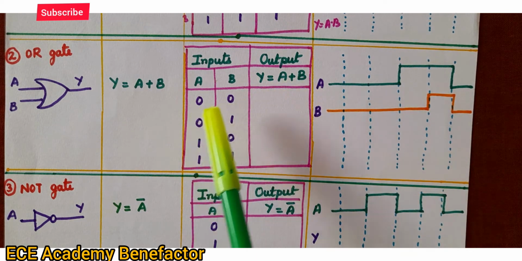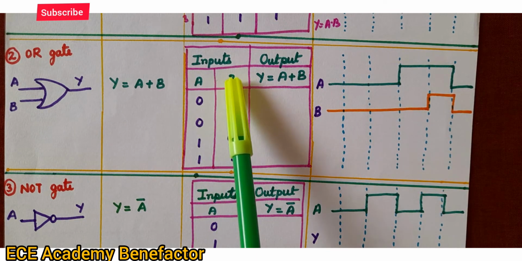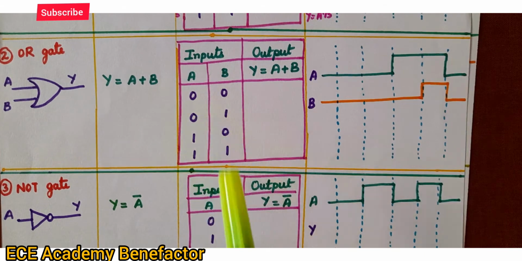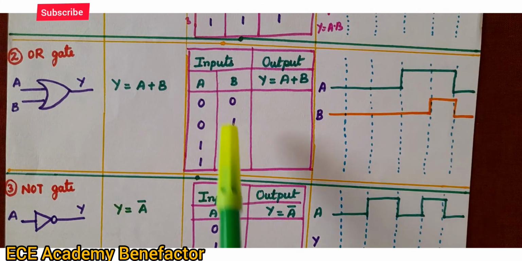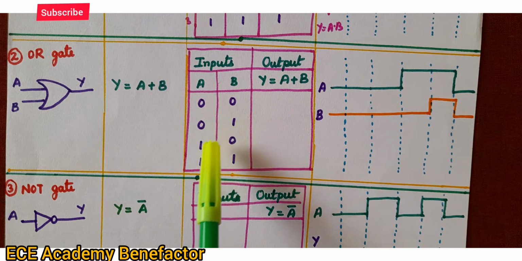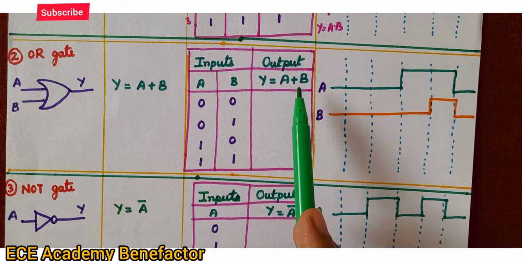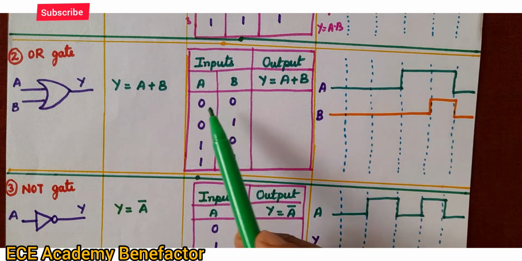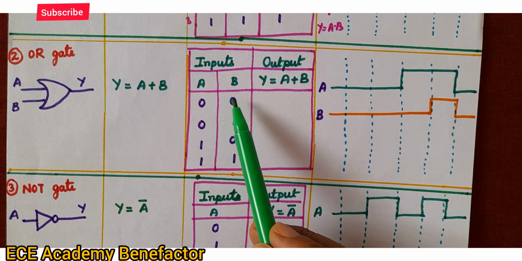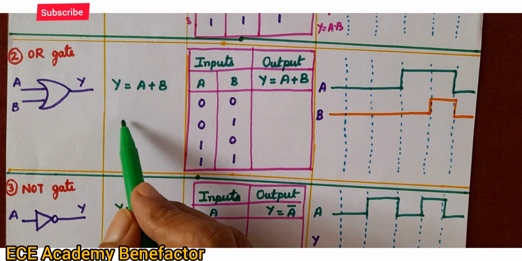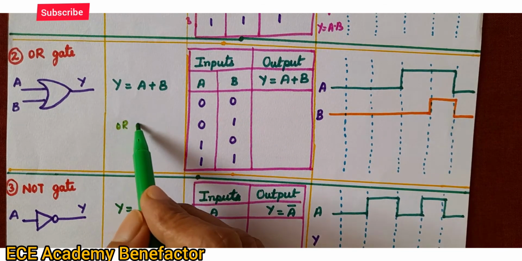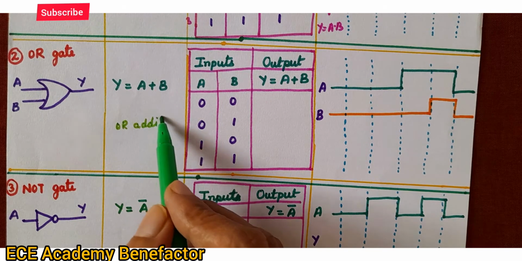Now we have written 2 inputs, 4 possible combinations: 0 0, 0 1, 1 0, 1 1. What you have to do here is add, using what is known as OR addition.